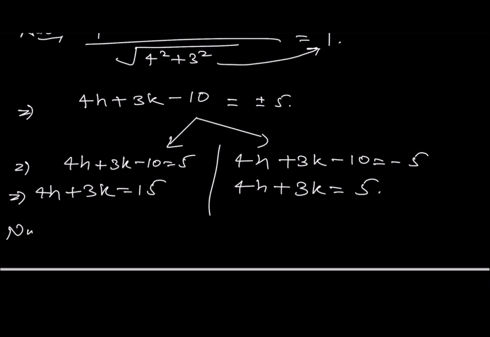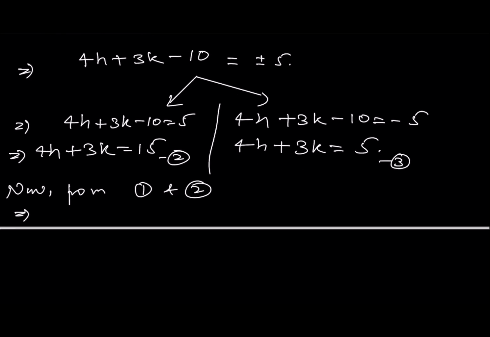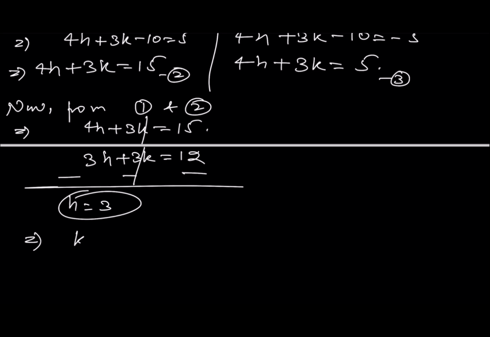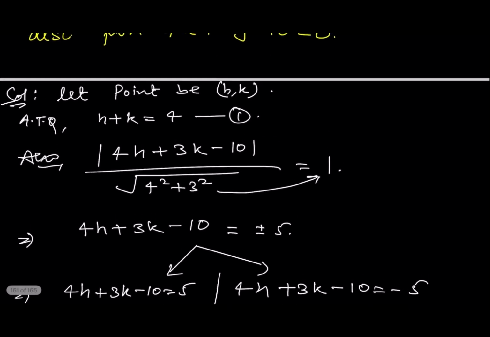Now from 1 and 2, 4h plus 3k is equal to 15, and 3h plus 3k is equal to 12. After subtracting, what we will get, h is equal to 3. If h is 3, then k is 1. 4 minus 3 is 1, right?